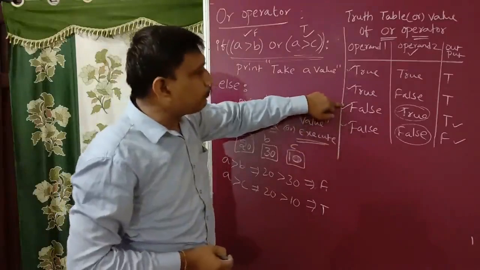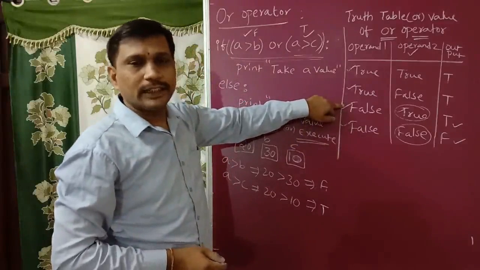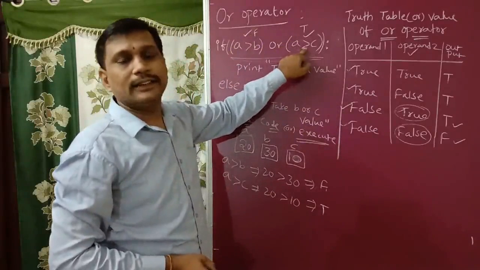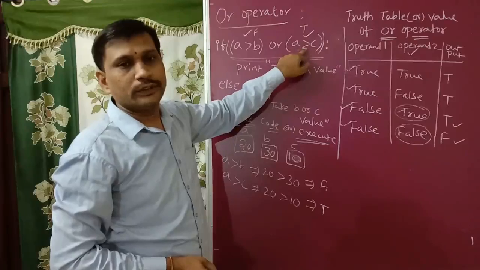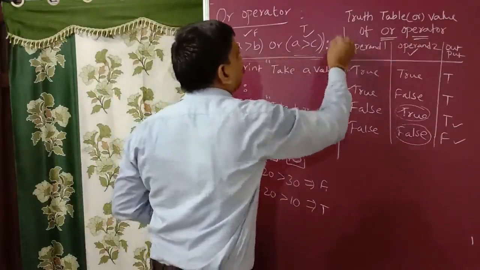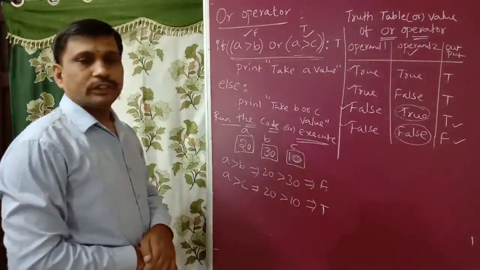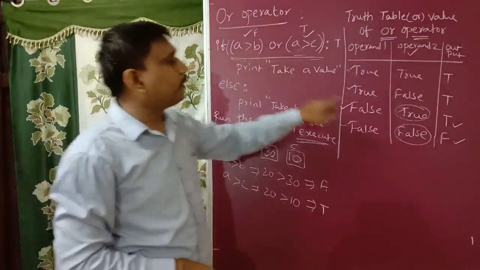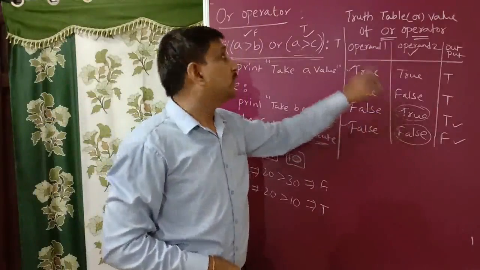When we check the third entry, the first one is false, so the second condition decides the output. The entire statement evaluates to true because the first one is false and the second one is true.